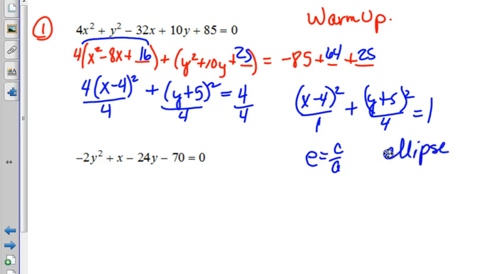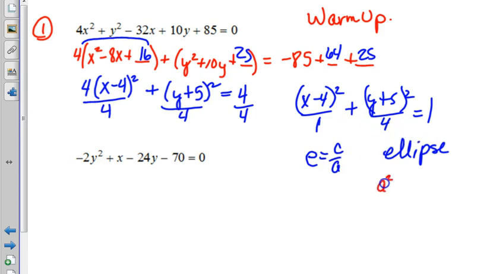Okay, this is where we got a little foggy. There's a different definition of a for an ellipse than there is for a hyperbola, right? There's also a different definition of how you find c. So how do we find c when it's an ellipse? Okay, and which of those is a squared? The bigger one.